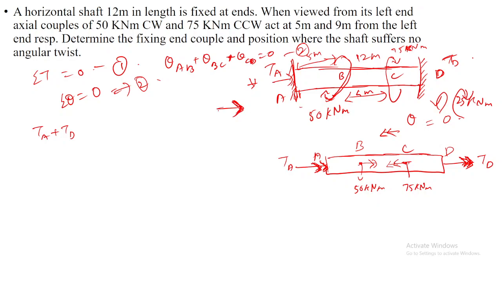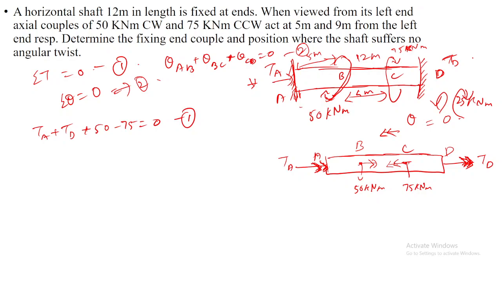For example, if I take this direction as positive, whichever arrow points towards the right I write as positive. Whereas for theta, I should go by sign convention. So TA plus TD plus 50 minus 75 equals 0. This is the first equation.